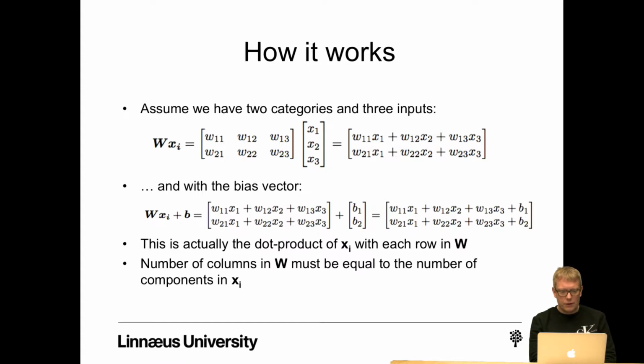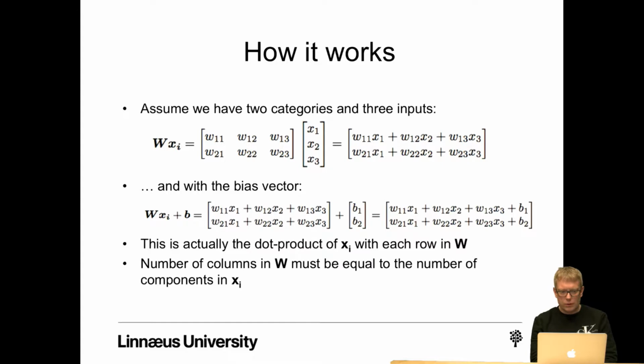The first row is calculated as the first element on the first row in the weight matrix multiplied by the first element in the input vector, plus the second element of the first row multiplied by the second element in the input vector, plus the third element in the first row multiplied by the third attribute value in the input vector.